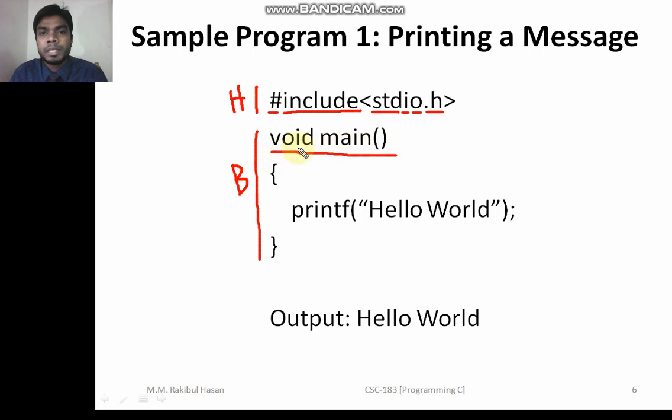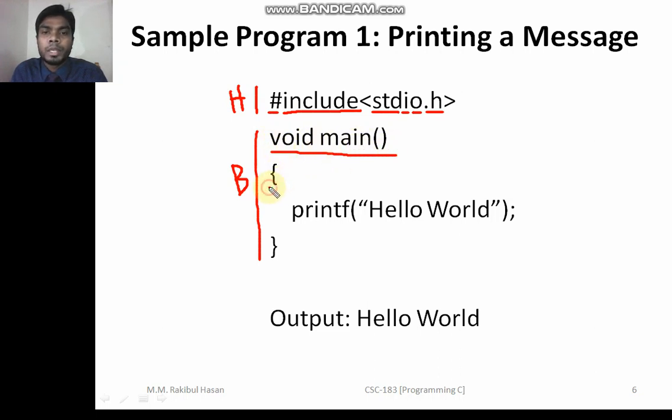That means by seeing this main function, your compiler will understand that from this point it has to start execution. So this indicates the starting point. Sometimes you might get int main, void main, or simply main, or any other form. Don't bother about that. We will discuss this part again in a later video. But our body will start from this main function, right?